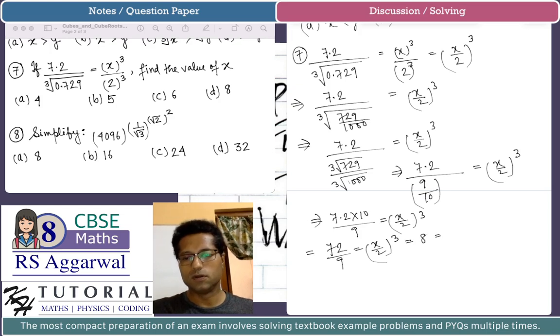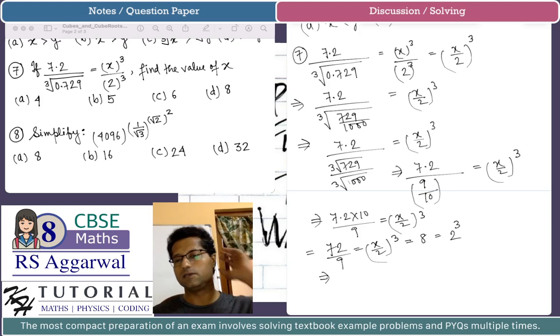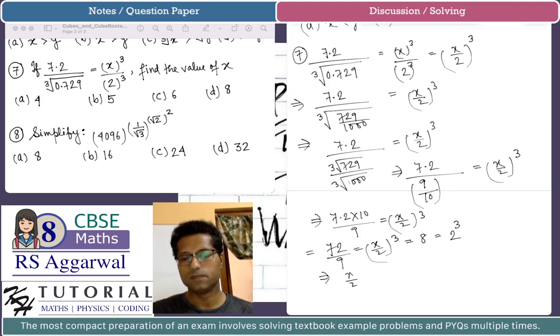So 8 is equal to 2 cube. So this implies x by 2 whole cube is equal to 2 to the power 3. We are having the base same, we are having the power same, so base must be also same. We have x by 2 is equal to 2. This implies x equals to 2 into 2 equals to 4. So the value of x is 4, and the correct choice is choice A.